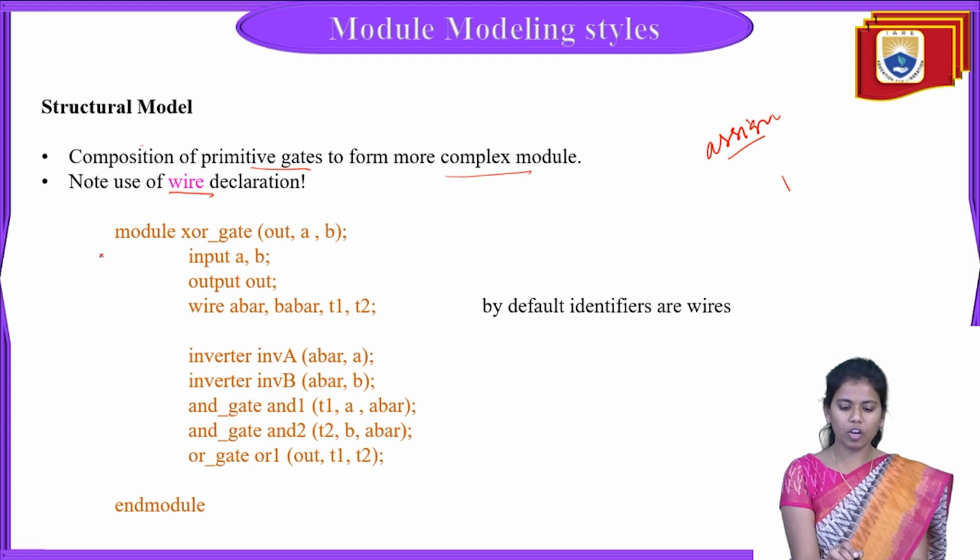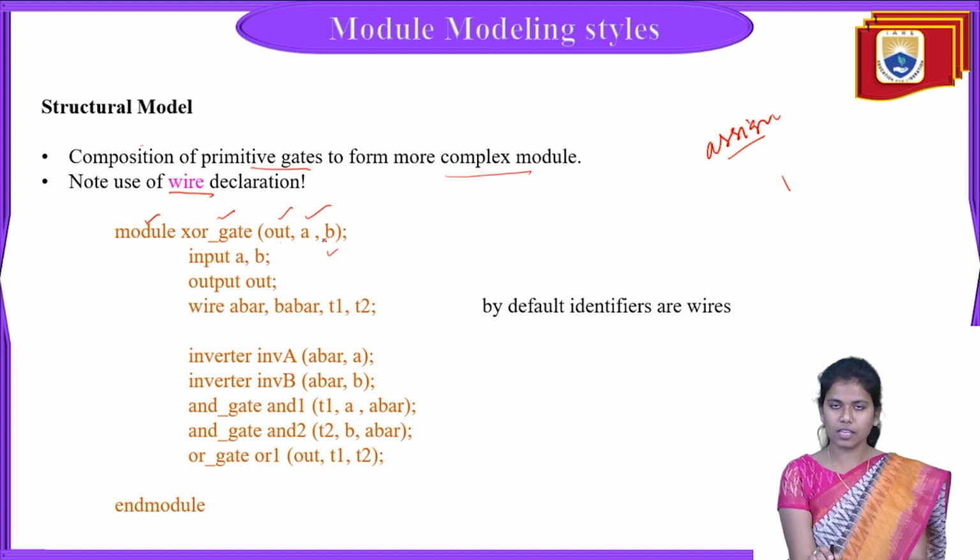If you observe the syntax, you have the keyword module, followed by the name of the digital circuit, for example an XOR gate, and then the port list. Again I am recollecting that in the port list, the output ports are declared first, followed by the input ports. Here we have input A and B and output out.